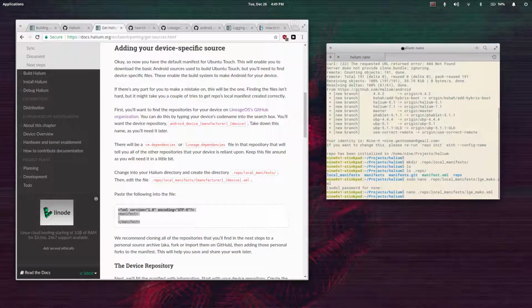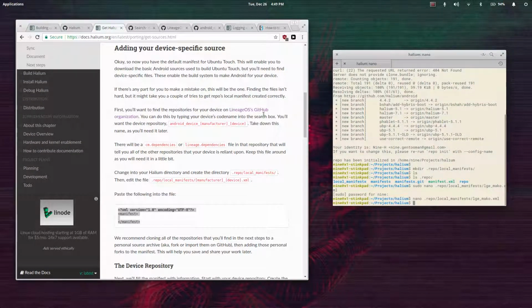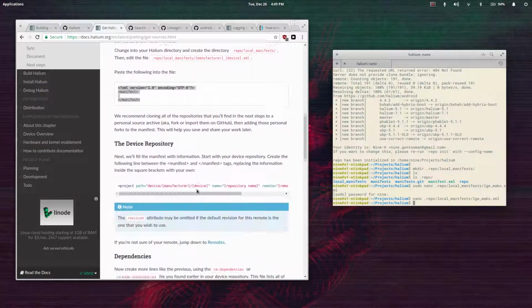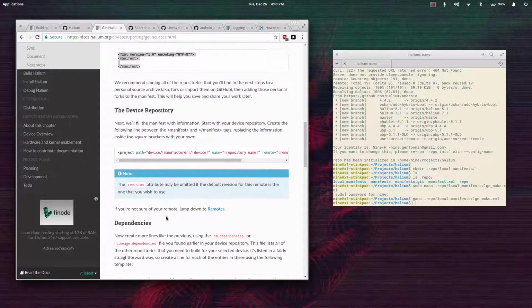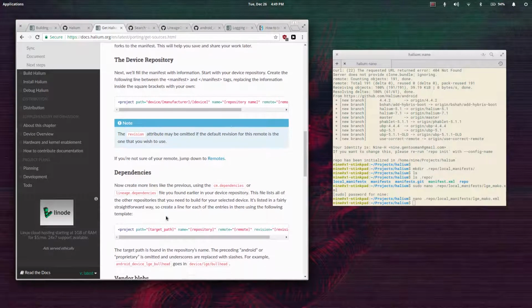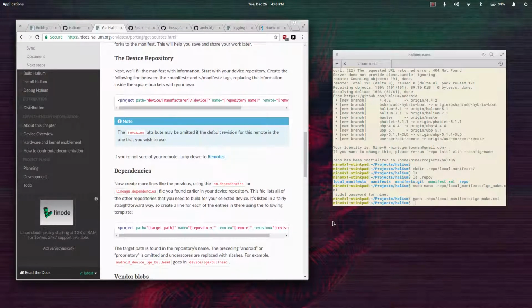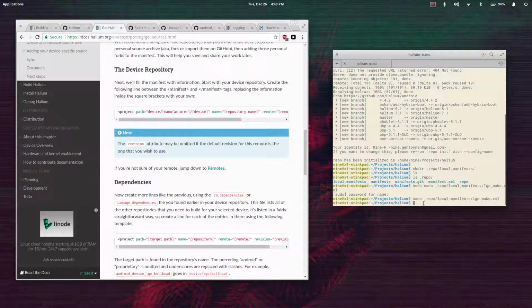Fuck. Of course, I still need to edit it.